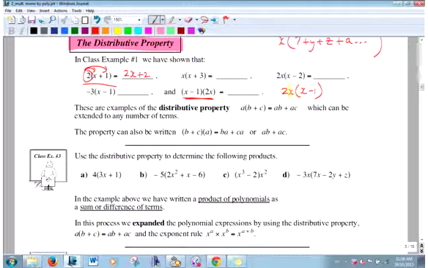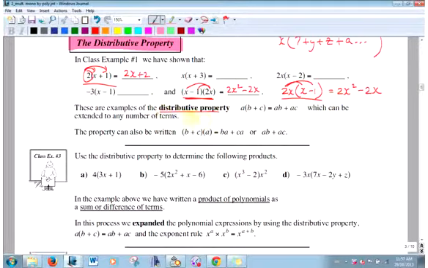A lot of you are probably more likely to get the answer. 2x times x, 2x squared. 2x times negative 1 is minus 2x. Do you get the same thing this way? Sure. But like I said, if you want to rewrite it, go right ahead.